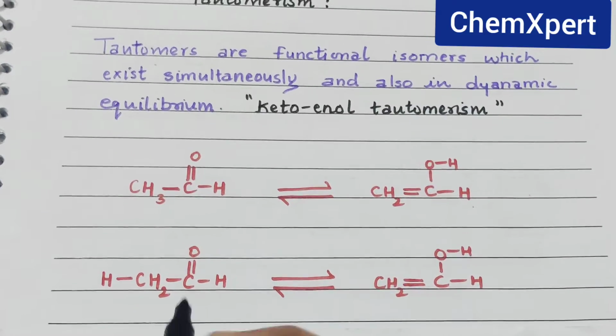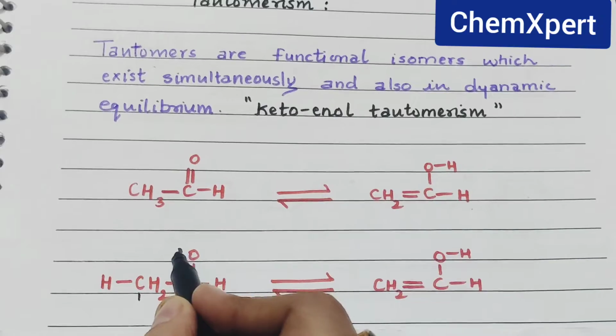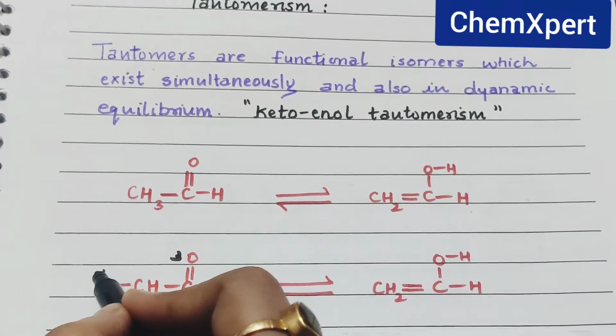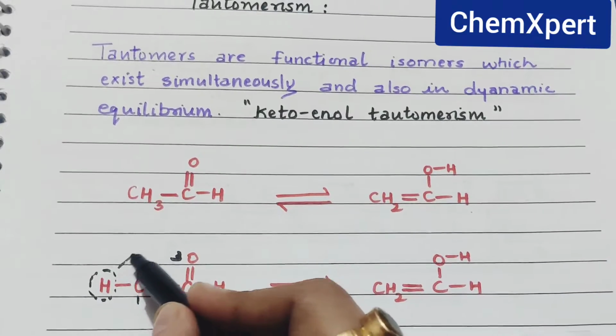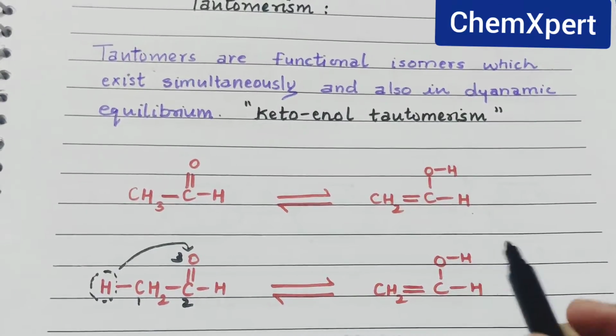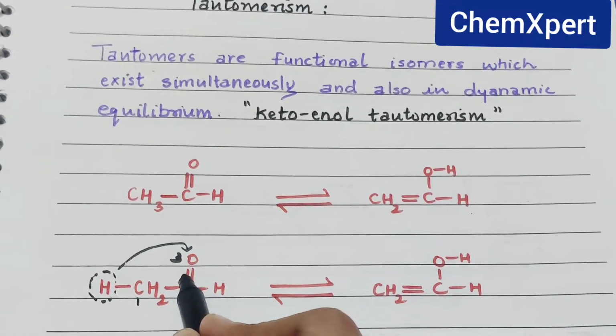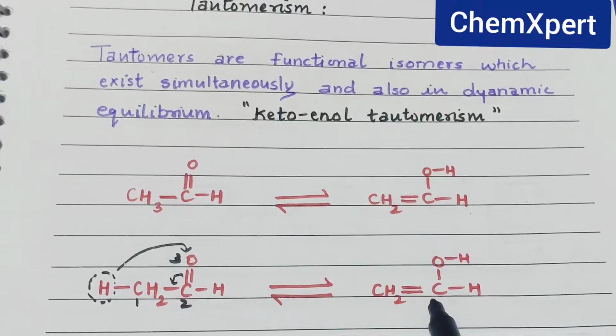Here we can say this is the first point, this is the second point, and this is the third point. So now this hydrogen will move towards this third position, forming the bond OH, and this double bond shifts to the first and second position here.